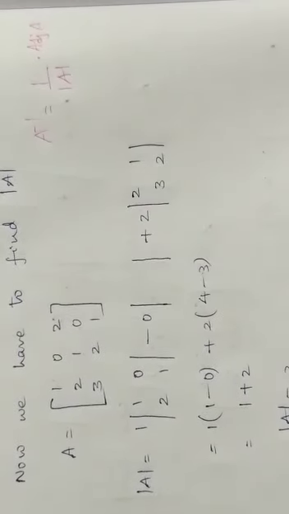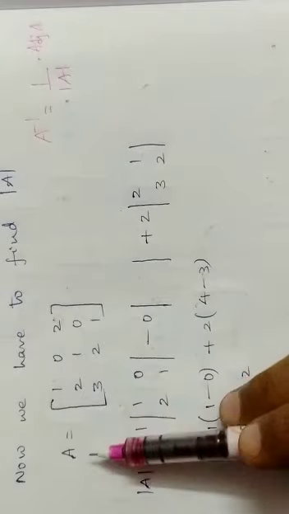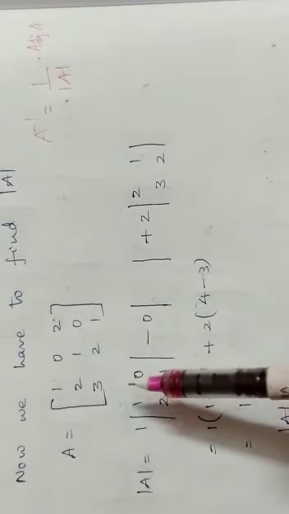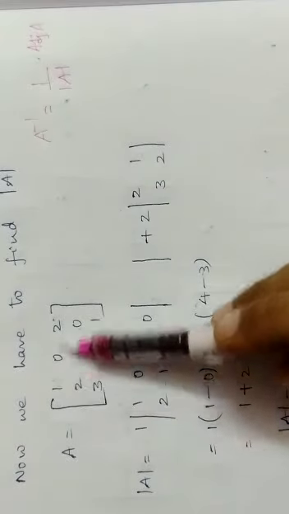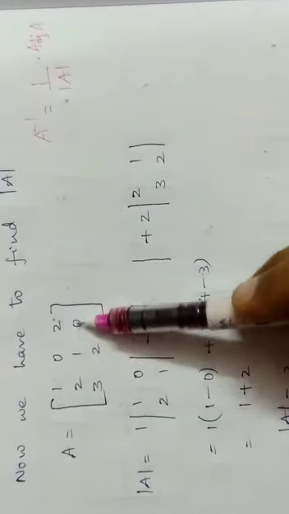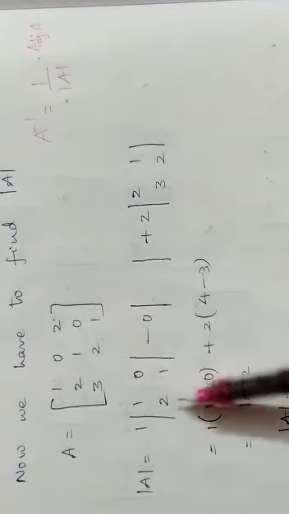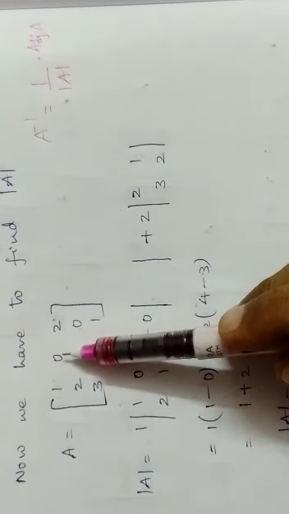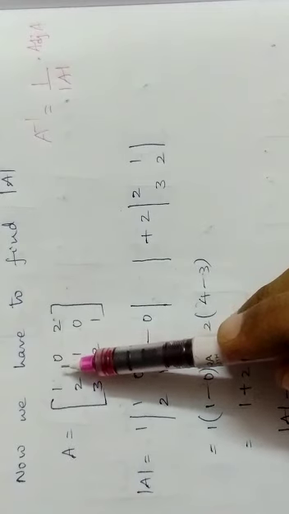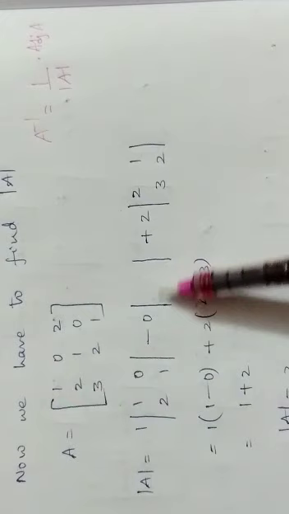Just recollect how to find the determinant of a 3 by 3 matrix. 1 into, remove the row and column, 4 elements, 1 0 2 1. For the middle one, you have to change the symbol. If it is plus, you have to write minus.